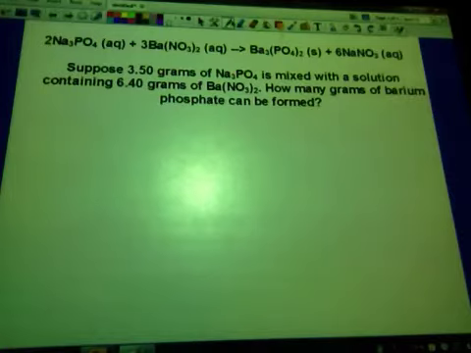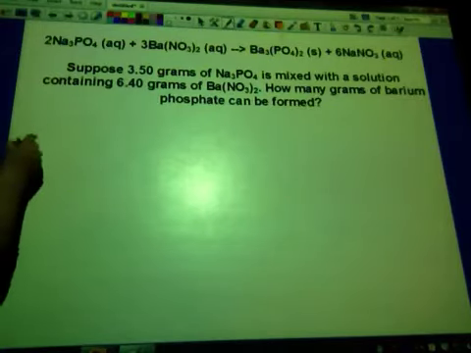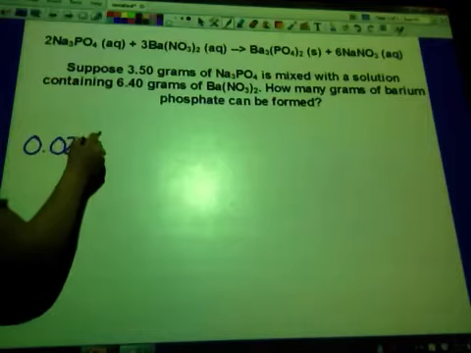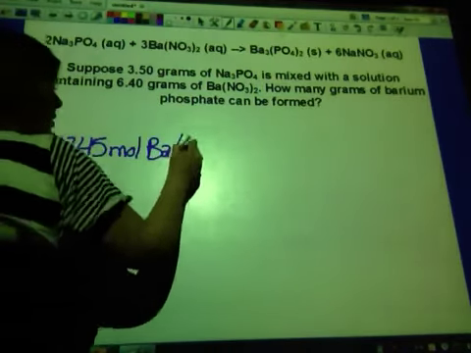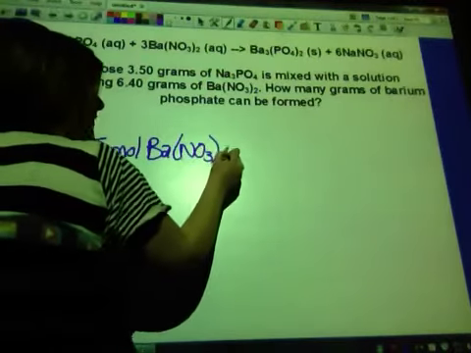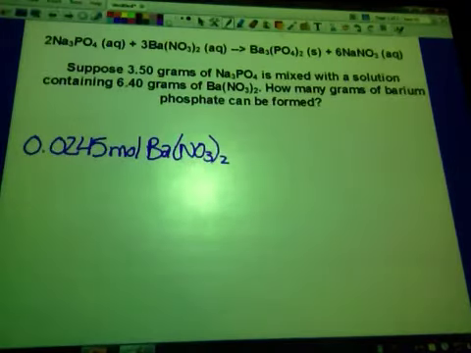So in the last part of this example, we calculated that we would have 0.0245 moles of barium nitrate. We found this number based on what we just did in the last part of this question here.